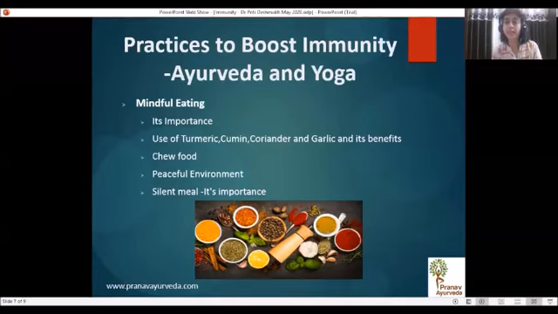These are immunomodulators with anti-inflammatory, antiseptic properties which help us to boost our immunity. Try at least one relaxing and if possible silent meal a day and no eating within 2 hours of bedtime to ensure proper digestion and sound sleep.